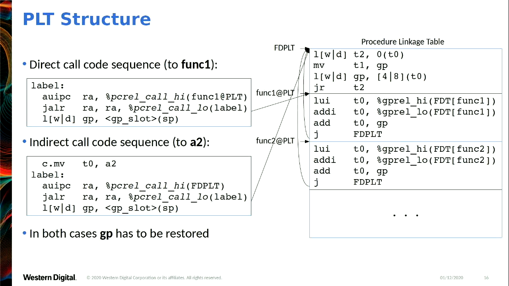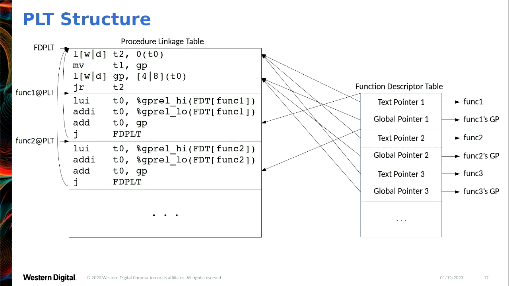And the GP has to be reloaded after making a call, which is shown in the sequence on the left-hand side. Again, it's shown here how the flow of the pointers goes when the code in the PLT is executed.